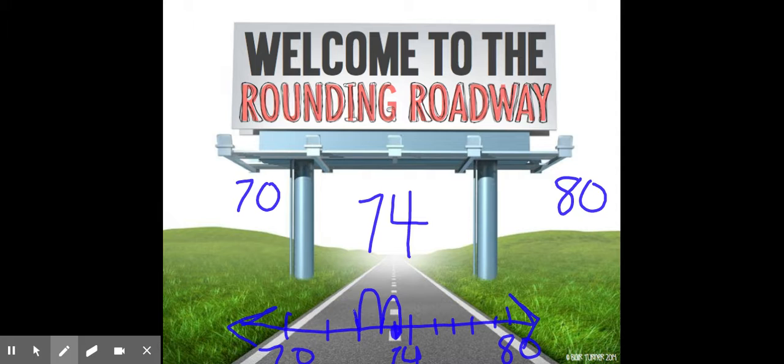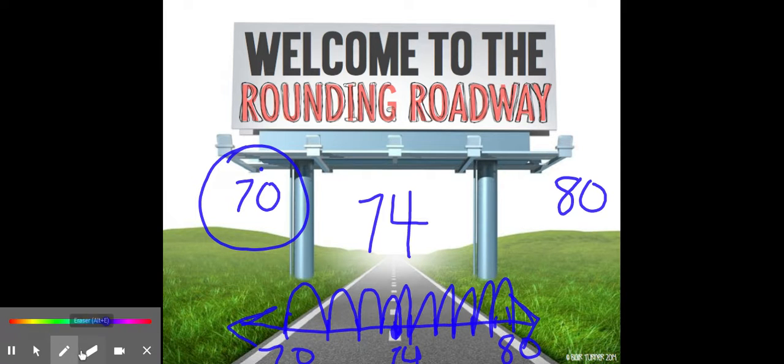So here's 1, 2, 3, 4 jumps to get to 70. Now let's see how many jumps to get to 80. 1, 2, 3, 4, 5, 6 jumps. So there were fewer jumps to get to 70. So 74 rounded to the nearest 10 would be 70.